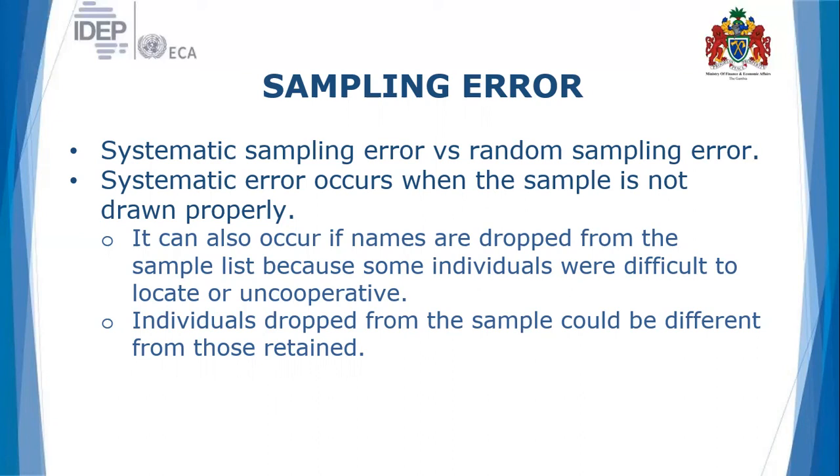In such cases, the evaluators may just consider replacing those. As we said earlier, that can introduce an element of bias into the sample, and the sample ceases to be representative. It can also occur when individuals dropped from the sample could be different from those retained, as indicated earlier.